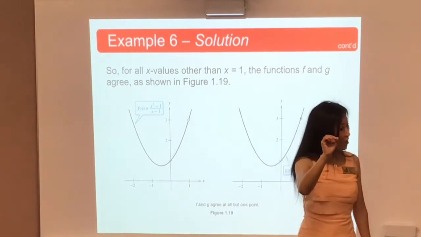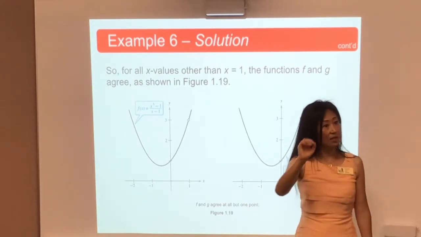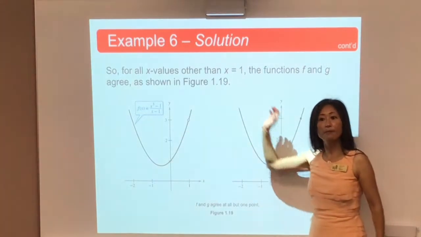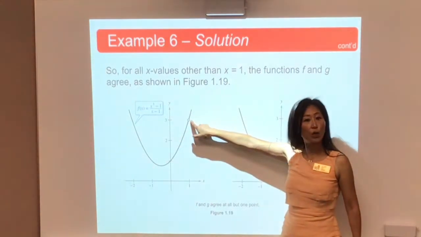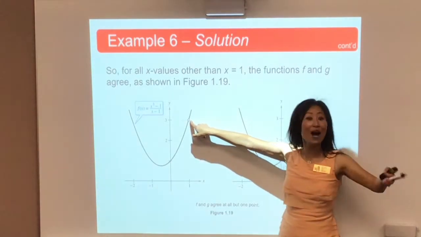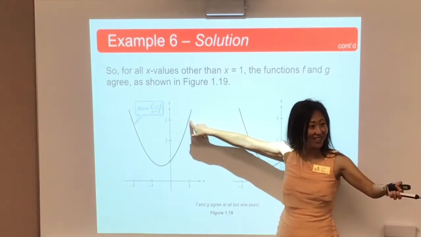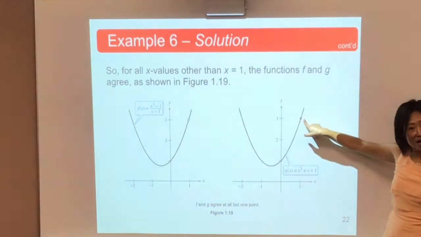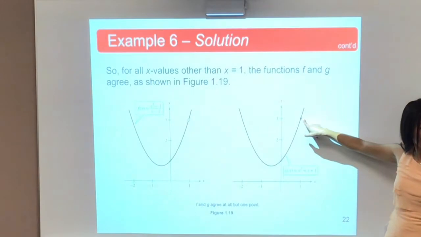I don't have a y value, but I have a what? Limit. Class, do you see the difference between this function and the other function? This function has a y value at x equal to 1? No. This does not have a y value at x equal to 1. Is everybody with me? And this one is what? It has a y value at x equal to 1. Is everybody with me? So this is continuous everywhere.